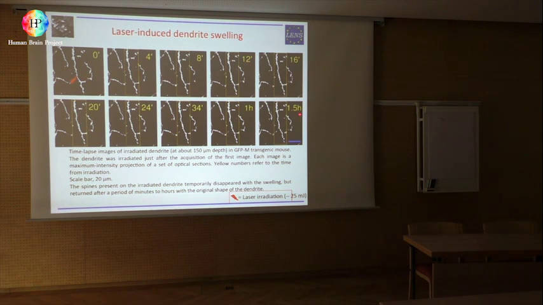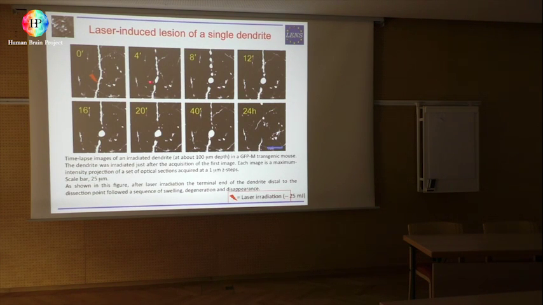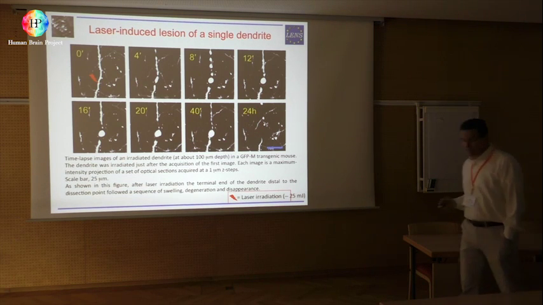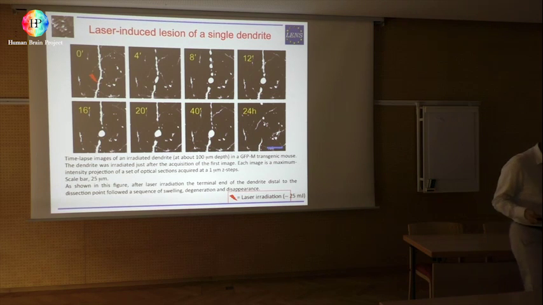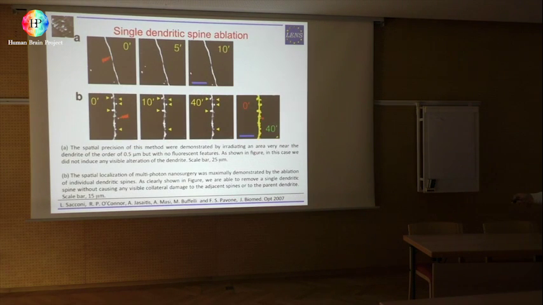You see, after 1.5 days, this dendrite can be cut completely after 24 hours. So with the laser, we can make a laser cut and cut dendrites, or even a single spine.